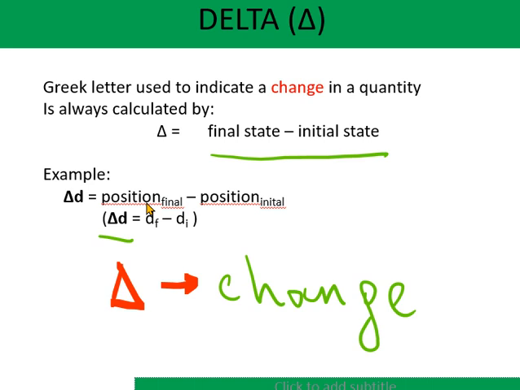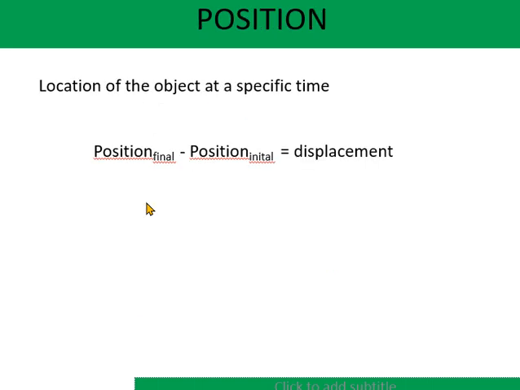So this is the meaning of delta. What is the position? It's the location of the object at a specific time. And the displacement is the final position minus the initial position.